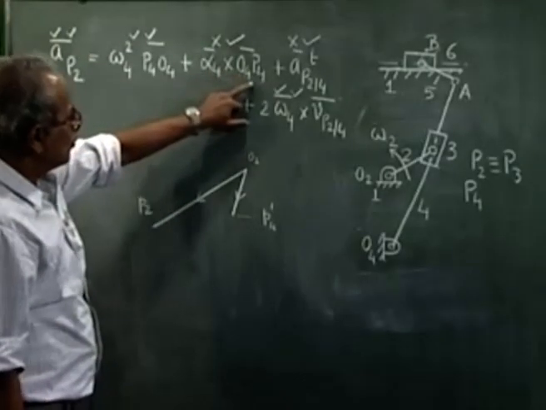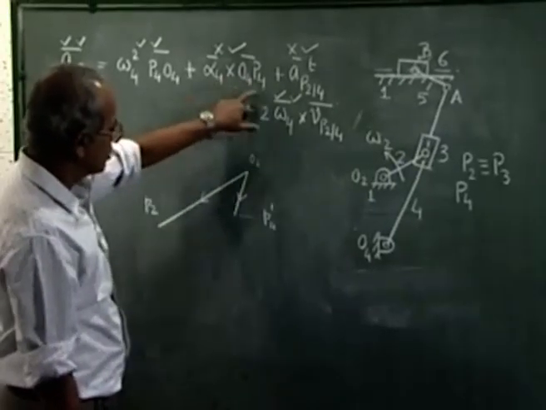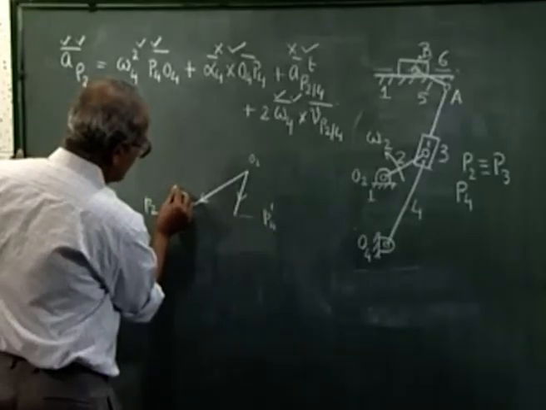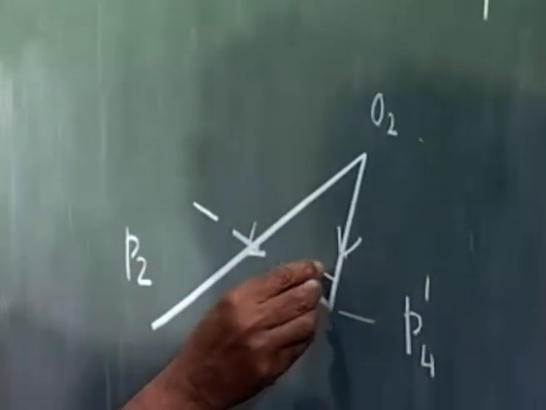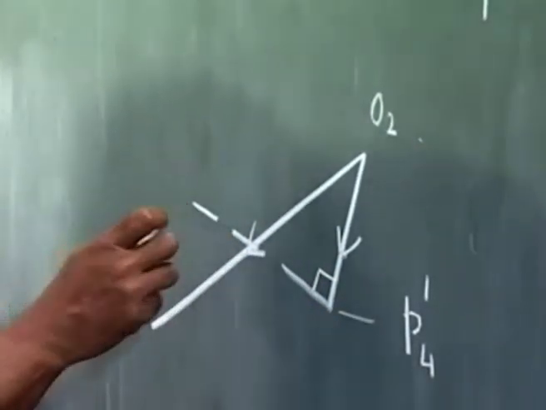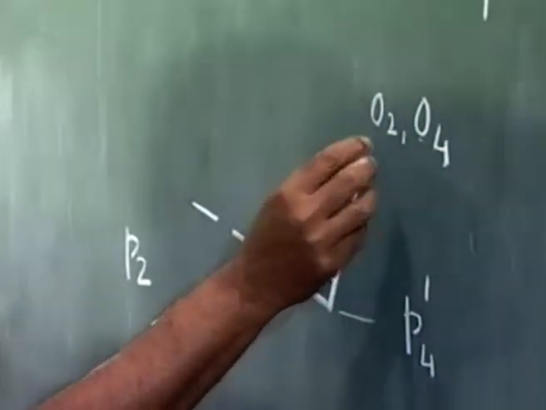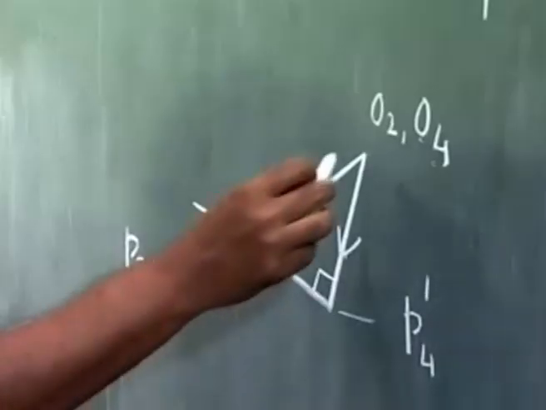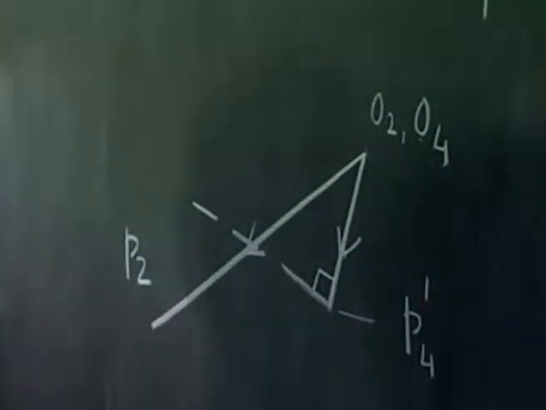Alpha 4 cross O4P4 is perpendicular to this line, but the magnitude is not known. So I draw a line perpendicular to this, and the point P4 will lie on this line such that, with O2 and O4 as the pole of the diagram, O4P4 will denote the acceleration of the point P4.